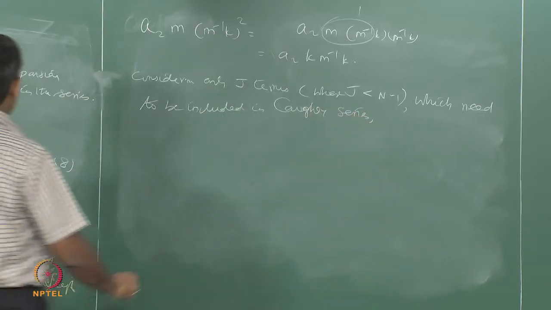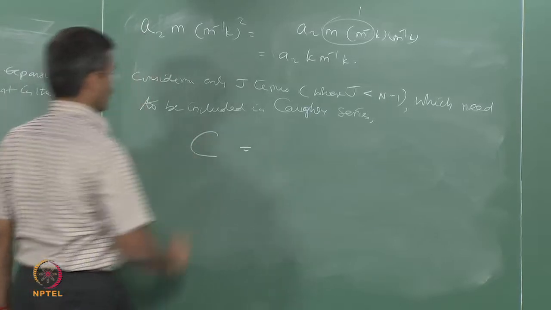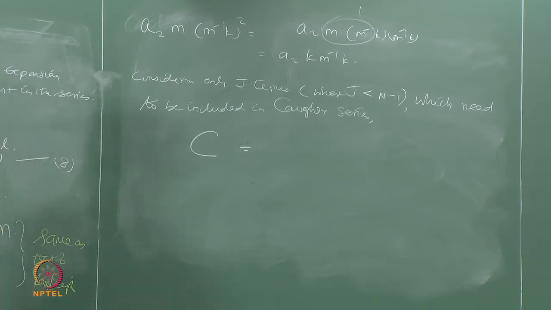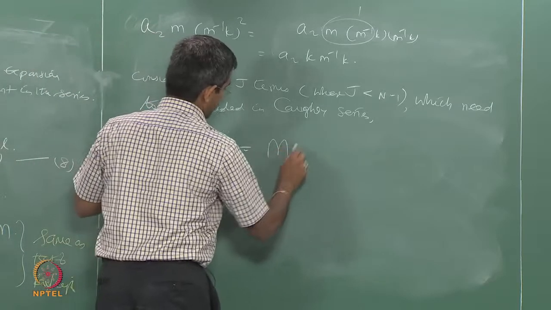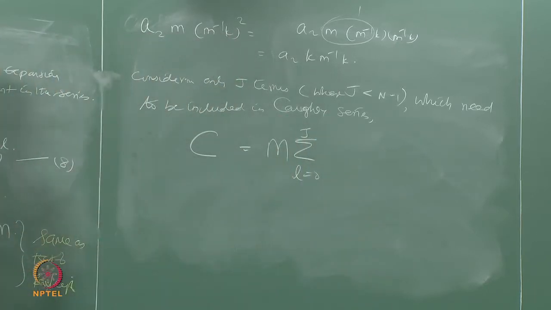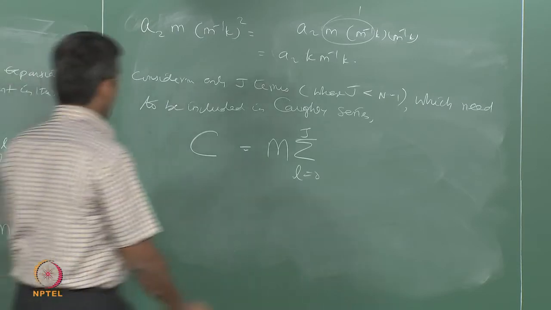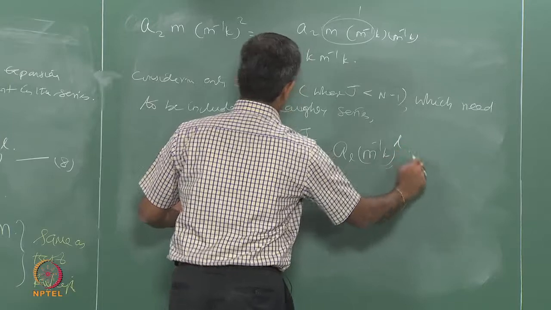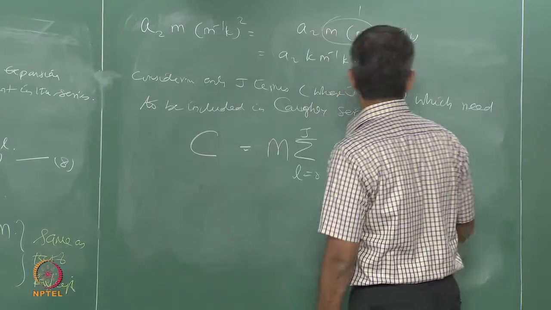So, now C, the damping coefficient matrix, will be equal to m, L varies from 0 to j, A_L m inverse k to the power L. Call this equation number 9.